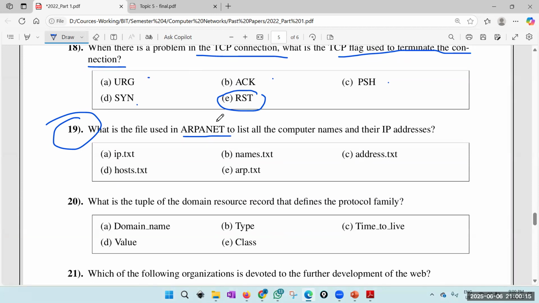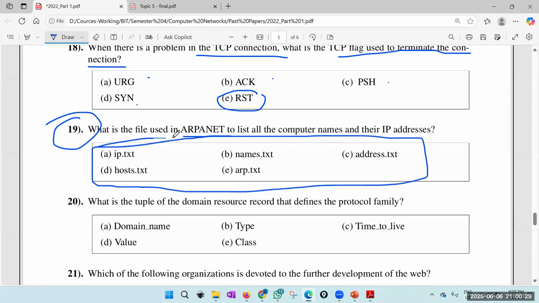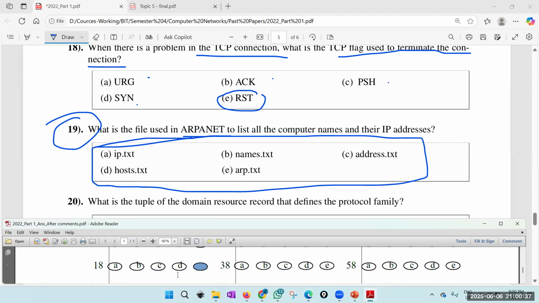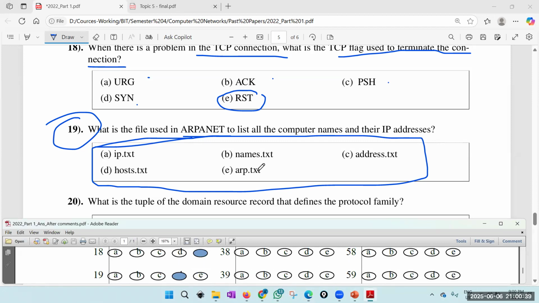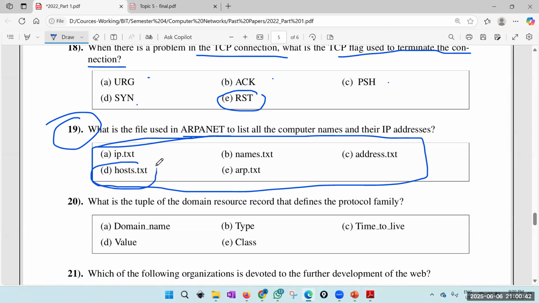They asked what their file name was, maybe a historical thing; maybe the examiner is interested in historical things. But I can't remember the exact name. If you are interested in the history of computer networking or the internet, maybe you have heard this. So the examiner's answer is D, Host.txt. Just keep it in mind because the examiner can ask it again.